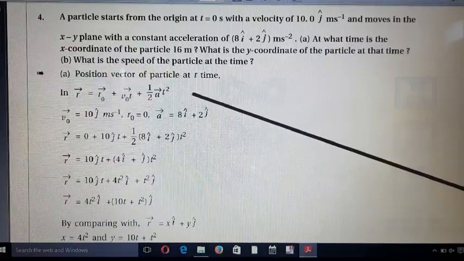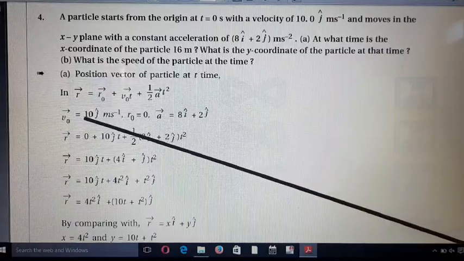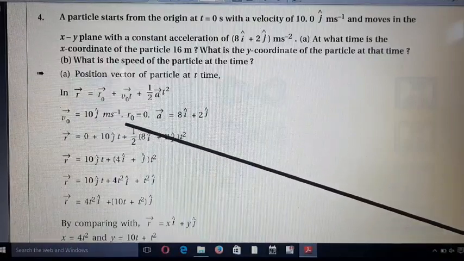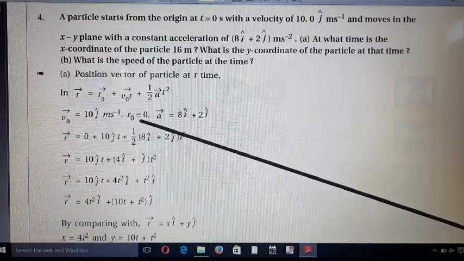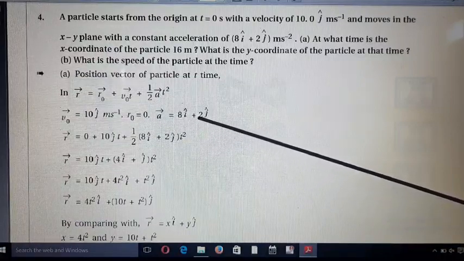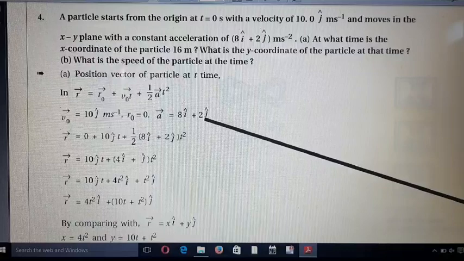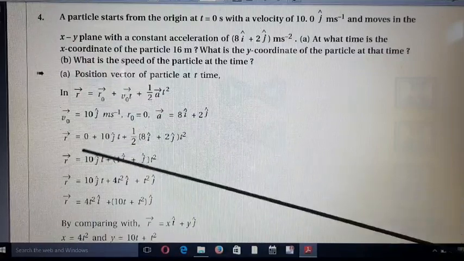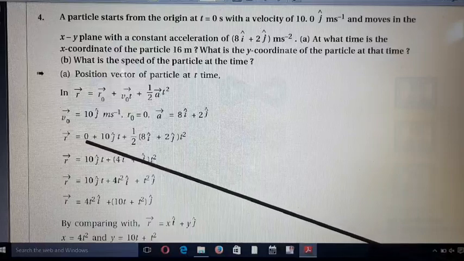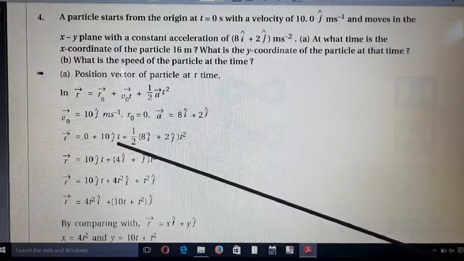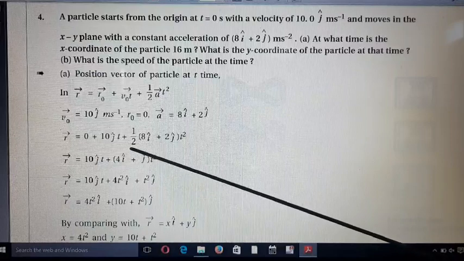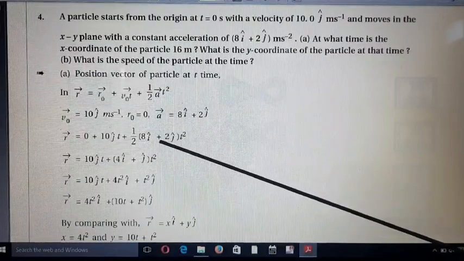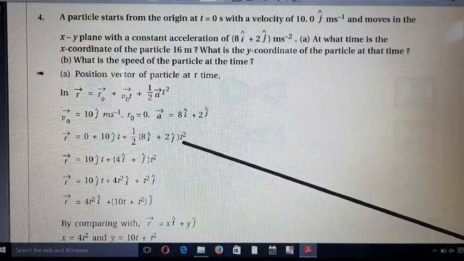So first, we have initial velocity is equal to 10 j caret meter per second, initial position is 0, and acceleration is 8 i caret plus 2 j caret. All these values are substituted in this formula. So we get vector r is equal to 0 plus 10 j caret t plus 1 by 2 times (8 i caret plus 2 j caret) t square.